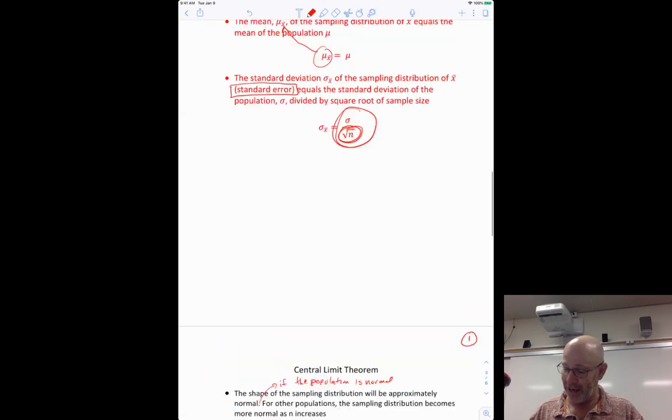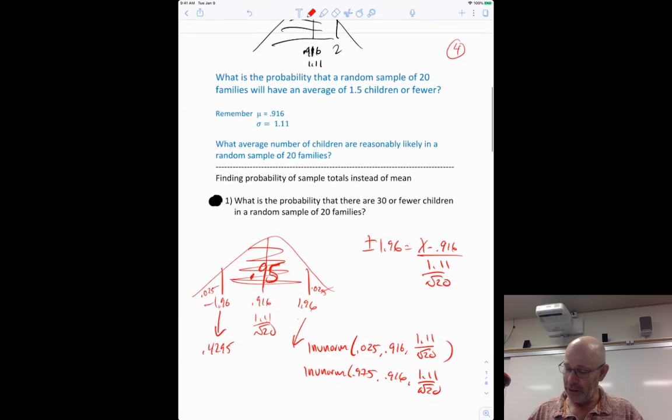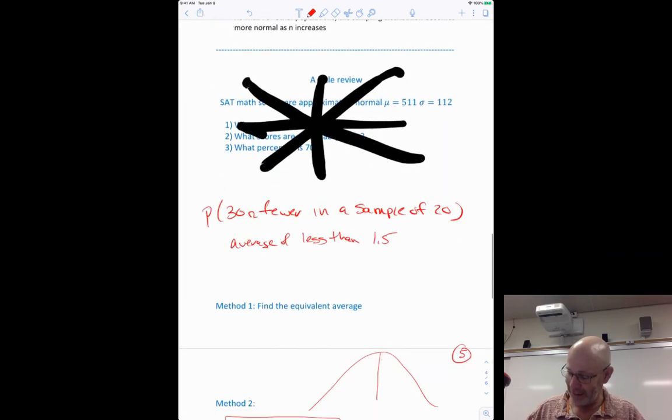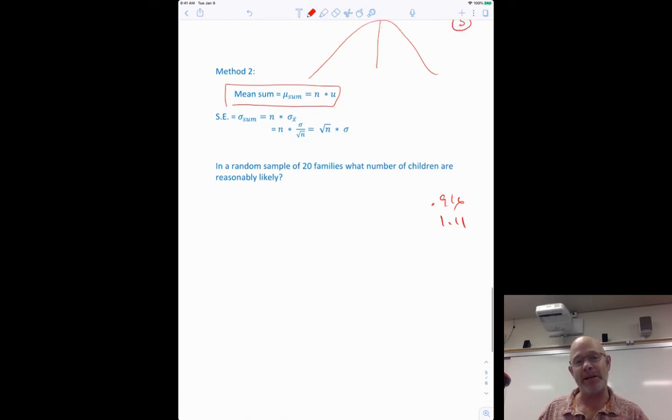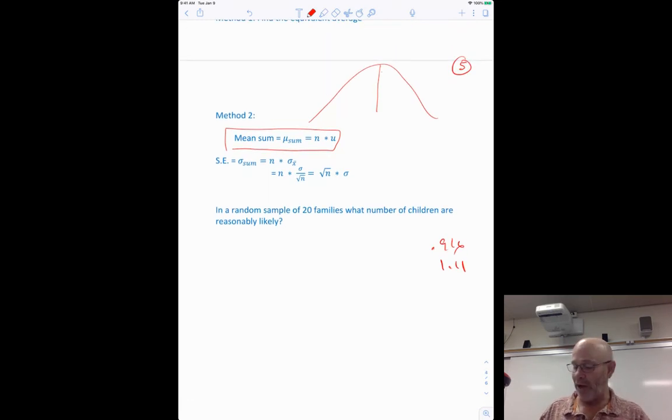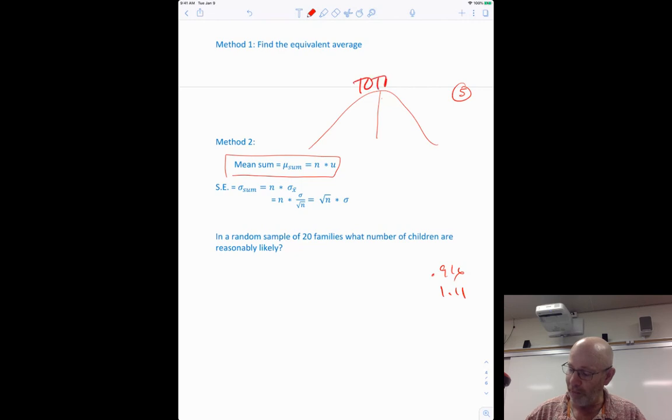Let me go back and get it, sorry. No, 0.916. Good thing I went back and checked. 0.916. These are the mean and standard deviation of the population. So when I do a total now, instead of average, this is going to be 0.916 times 20. That's how many we would expect on average, right?